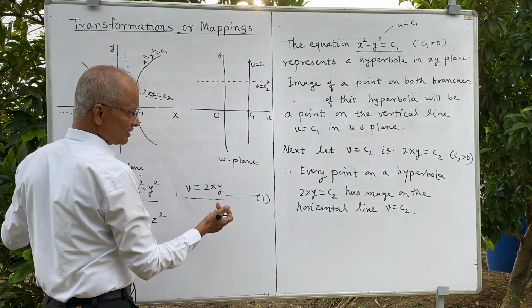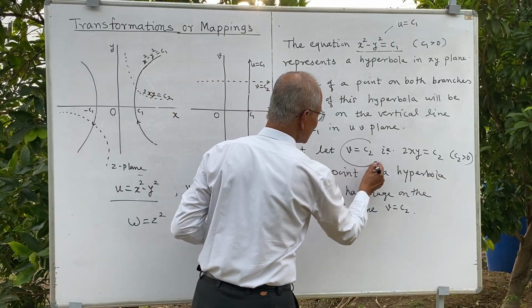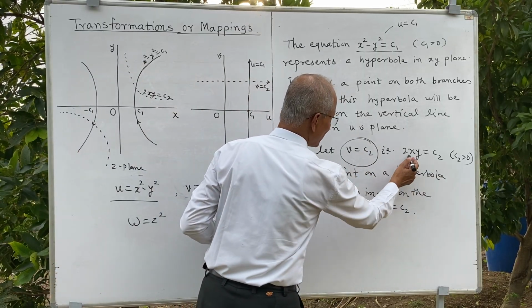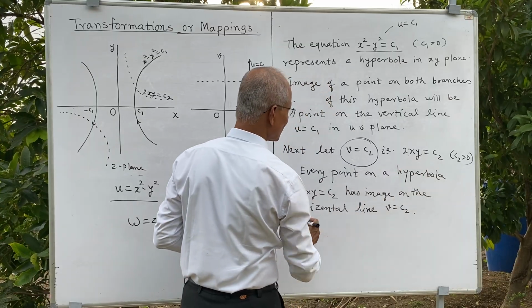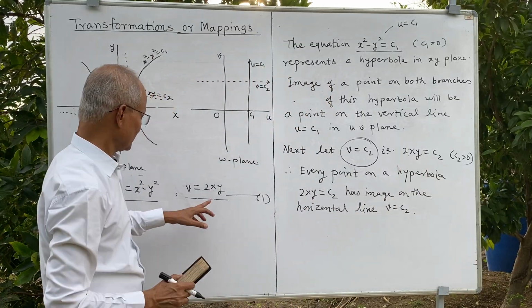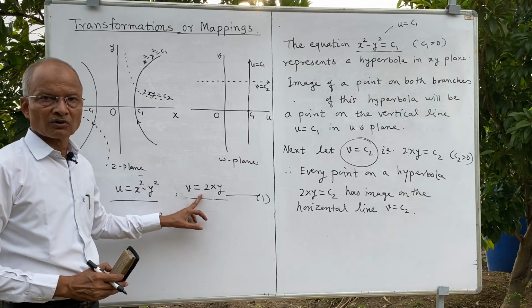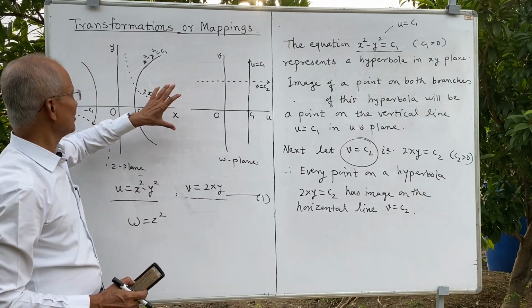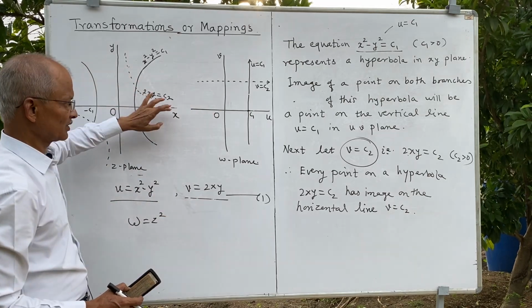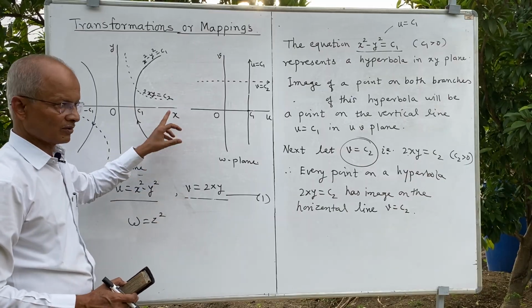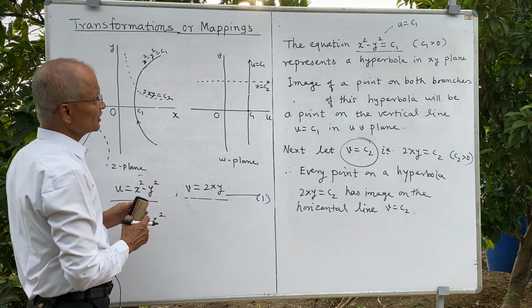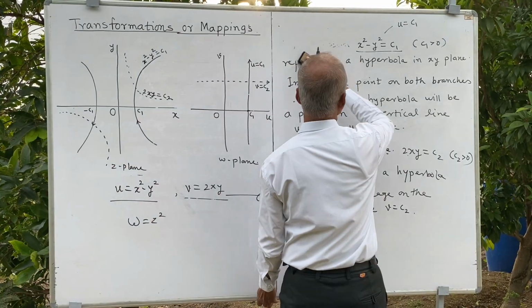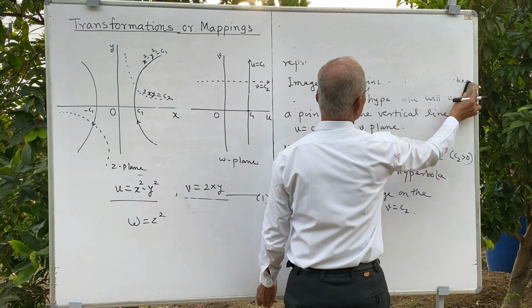It is easy to check because v is equal to 2xy, and therefore v is equal to c2 is the image of the hyperbola 2xy is equal to c2, and thus this is the Cartesian form of the transformation w is equal to z square.